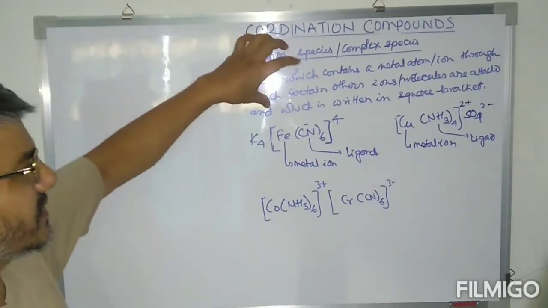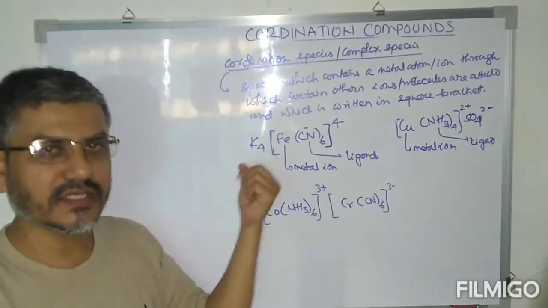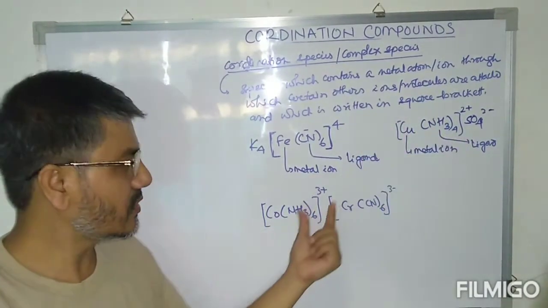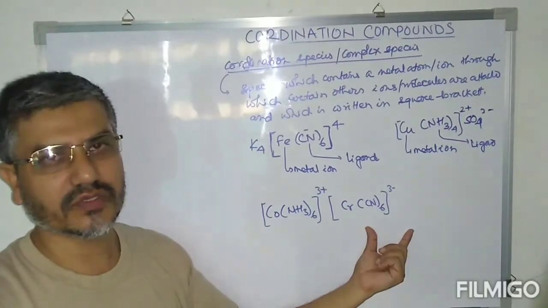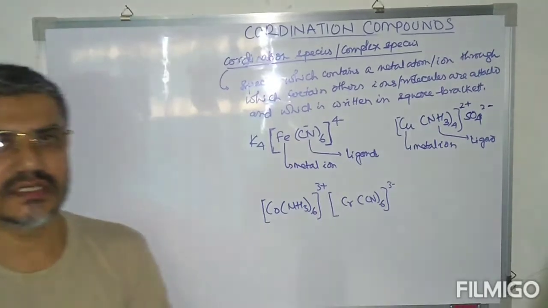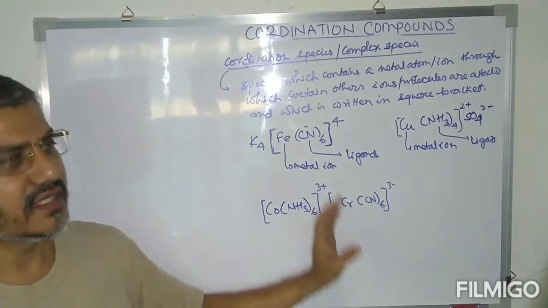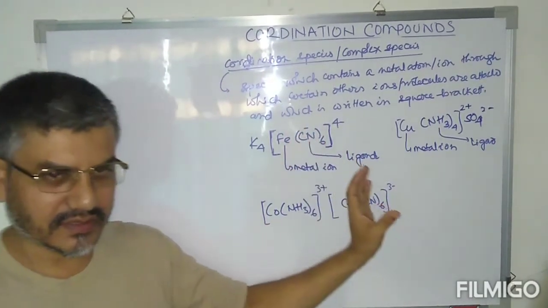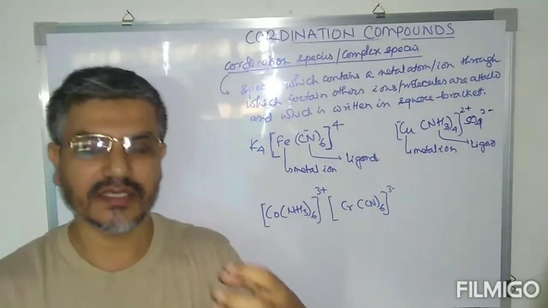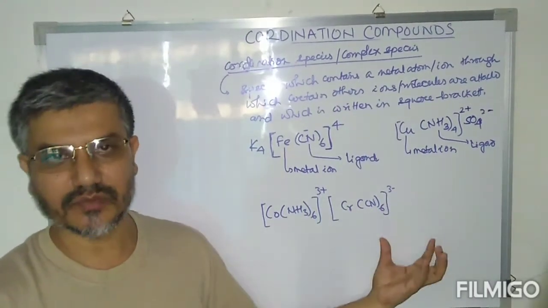So basically, a coordination or complex compound or species is always written in square bracket, and the contents of the square bracket are a central metal atom or metal in some oxidation state to which some other species known as ligands are firmly bonded.